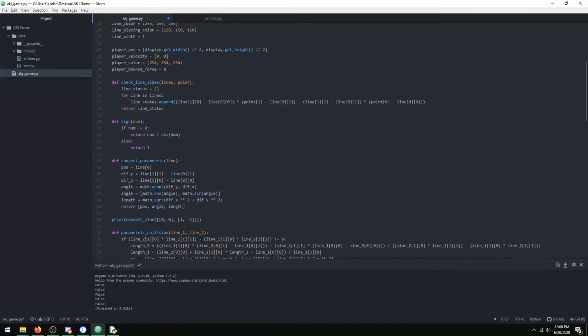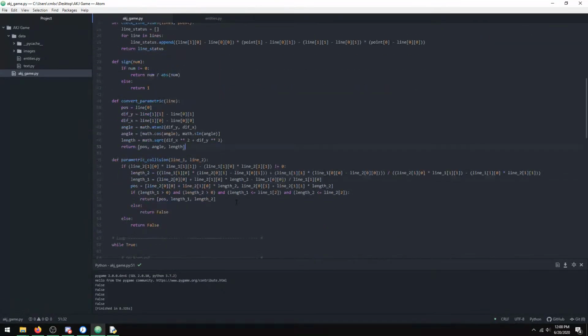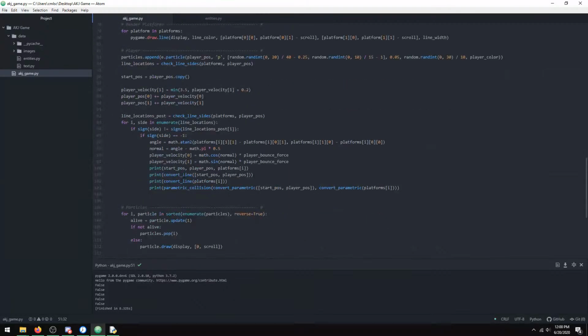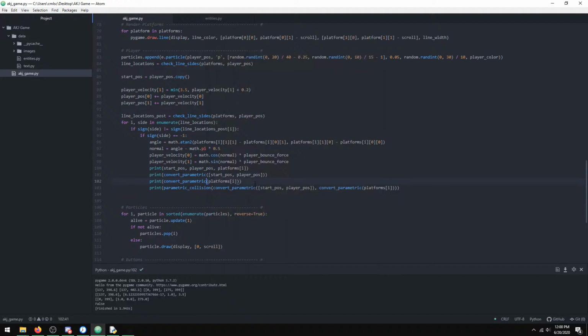I think I'm getting the same output. Weird. Let's see. So we've got it definitely crossing. Yeah, this is the same output.